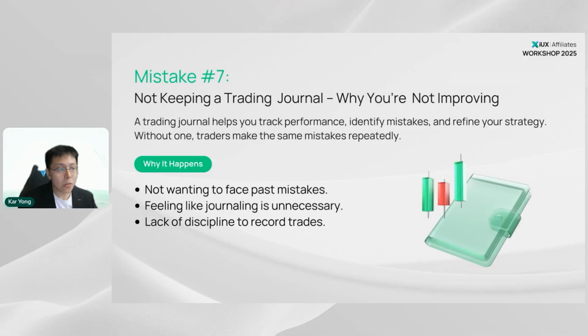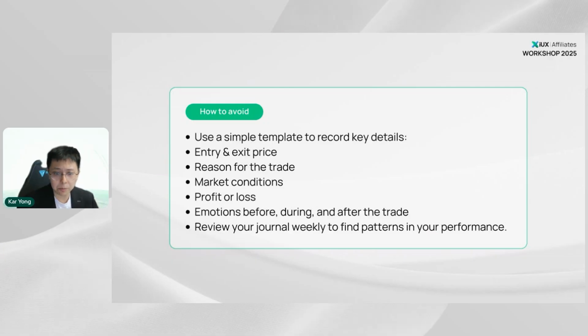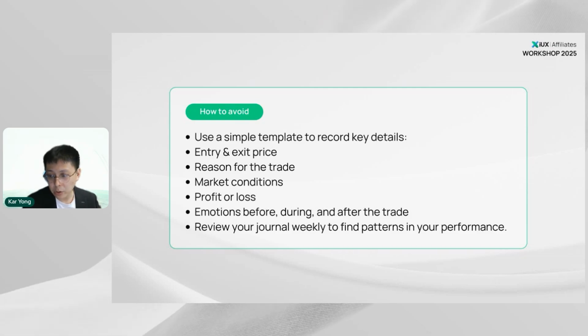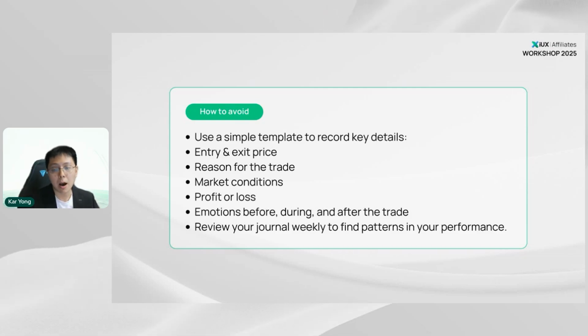All these things can only be analyzed if you track them. If you don't track something, there's no way of knowing whether you can work on it and improve. Hopefully that helps, right? So of course, certain important things to keep track of are the entry and exit. I mean, these are very common things, but the why, right?